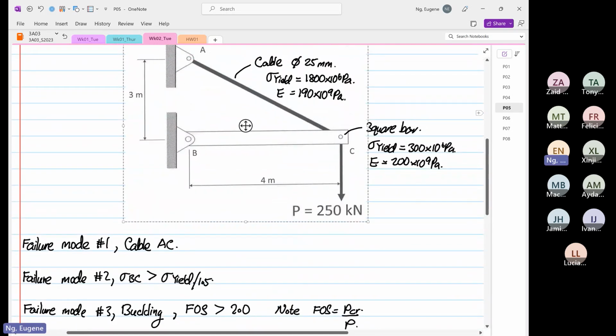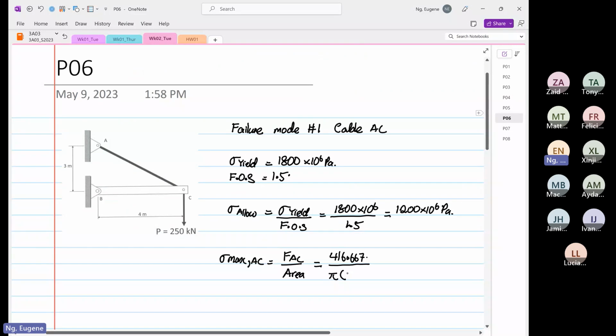The diameter is 25, so the radius is 12.5. So 12.5 times 10 to the power minus 3, squared. So 416.667 divided by our area, pi times 12.5 times 10 to the power minus 3 squared, is 848.827.